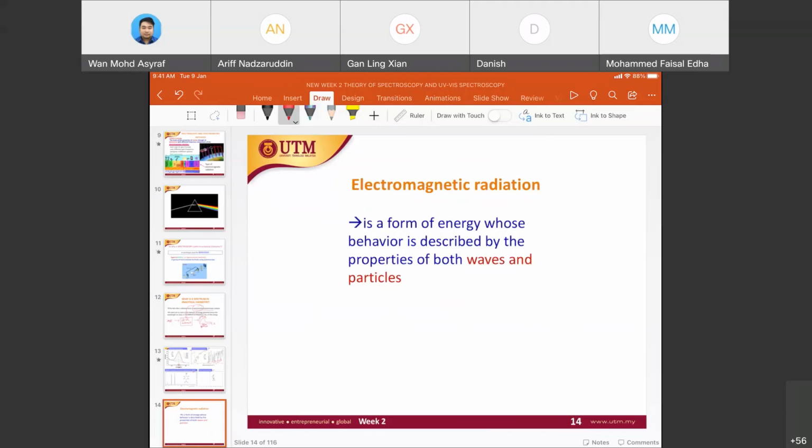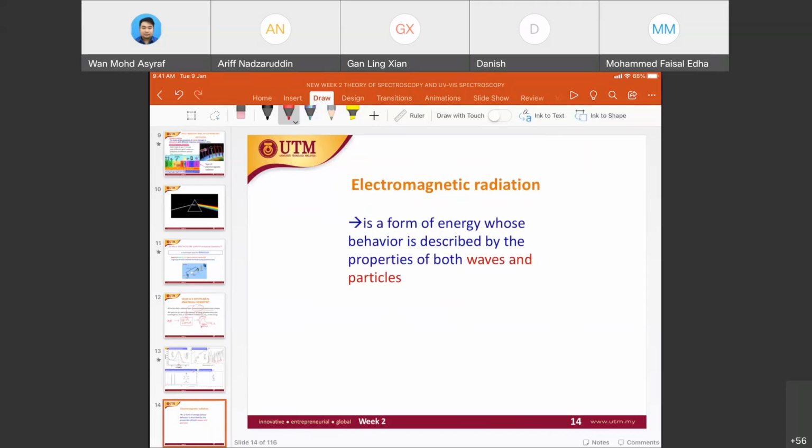This is like an analogy, so don't use that example. The interaction between chloroplast and sunlight is still electromagnetic radiation. So what happens? We want to study those interactions.